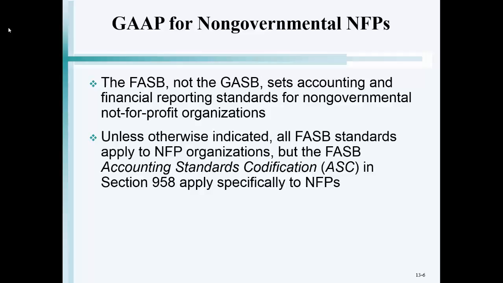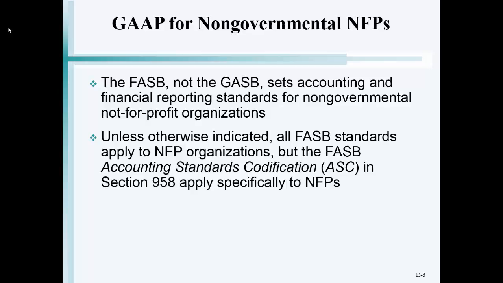And then what they do is they start the codification all over again. You want to know something about the statement of cash flows for not-for-profit? Start with 958 and then go to what? 230. Most of the information will be in the overall subtopic.